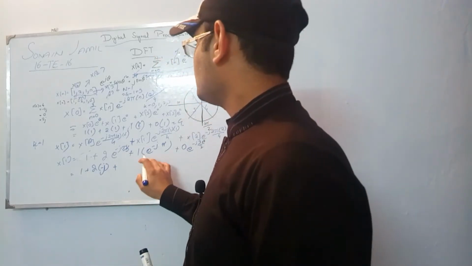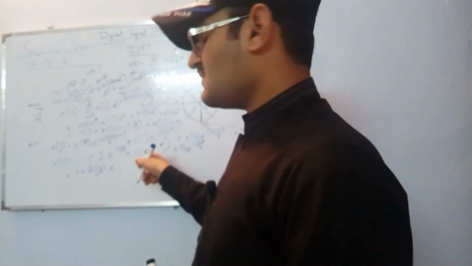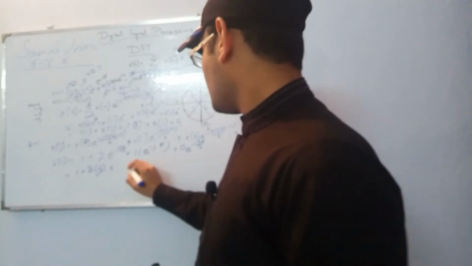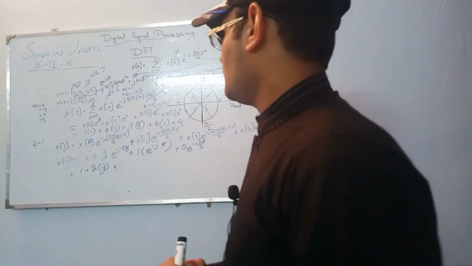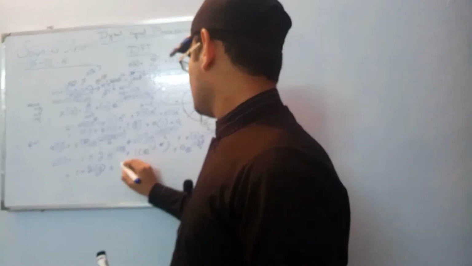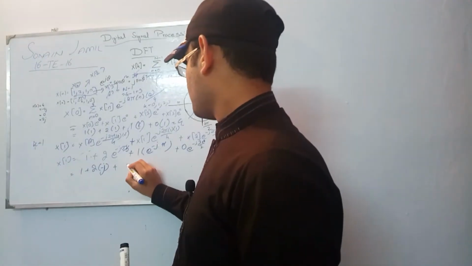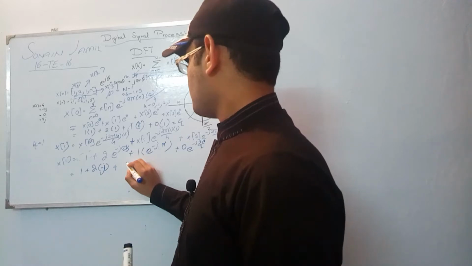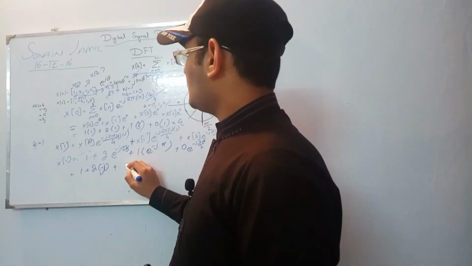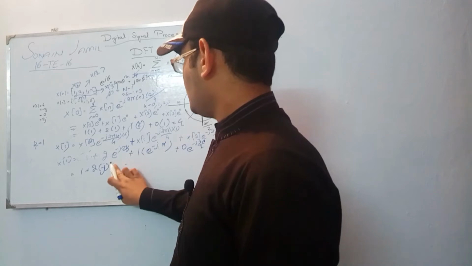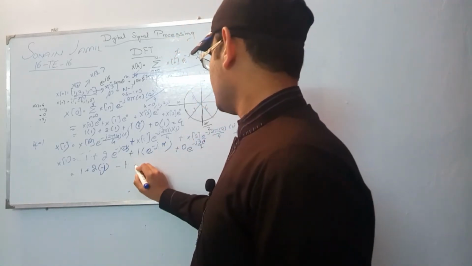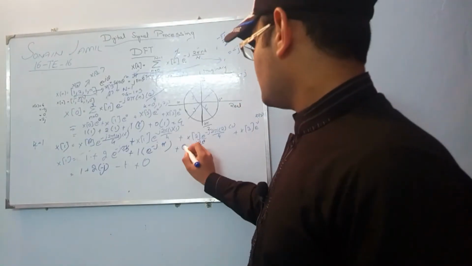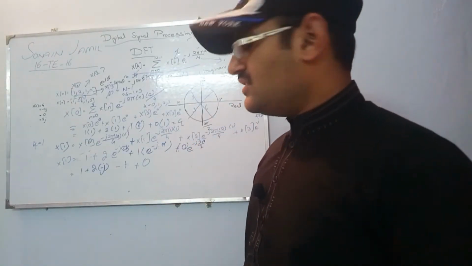So at pi it is minus 1, and similarly the last term is 0 because 0 is multiplied by this one.